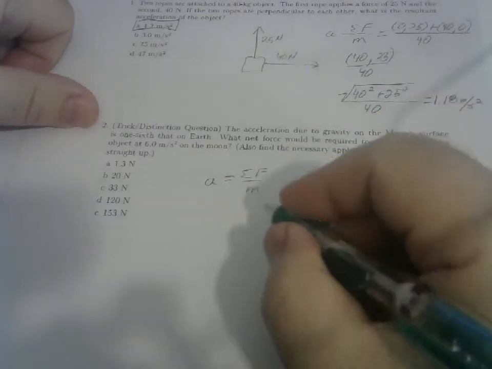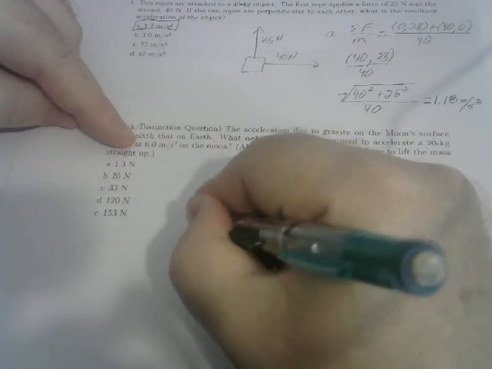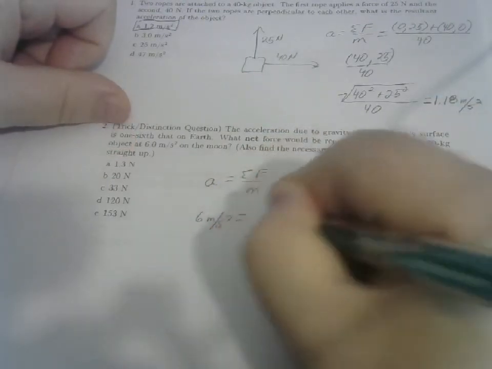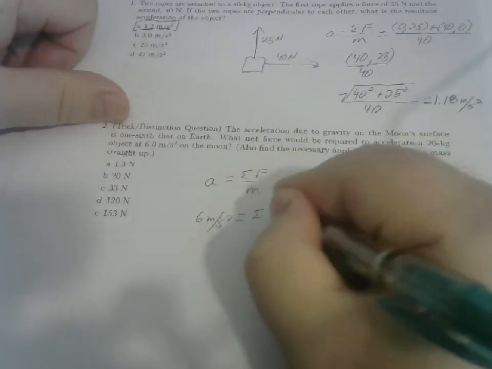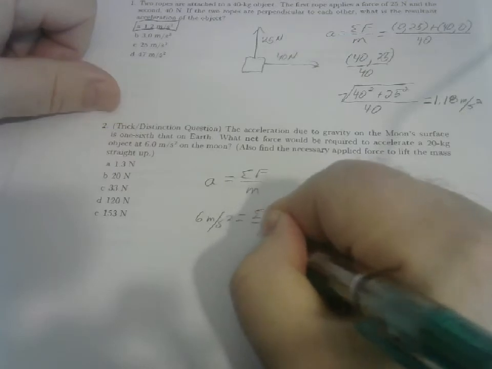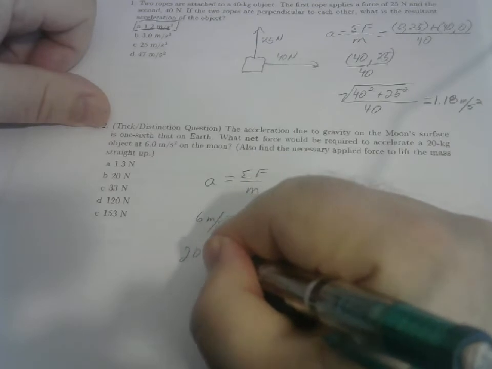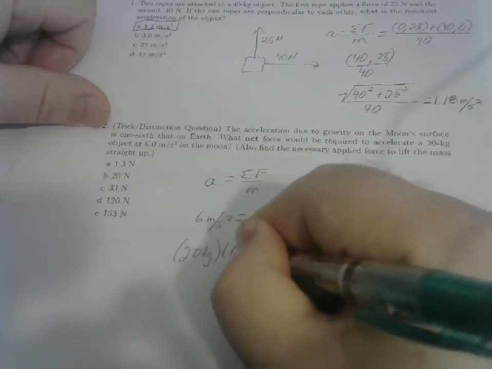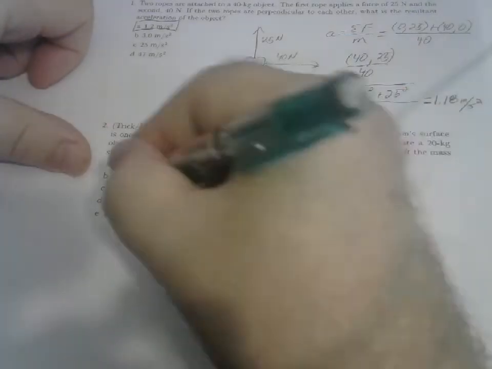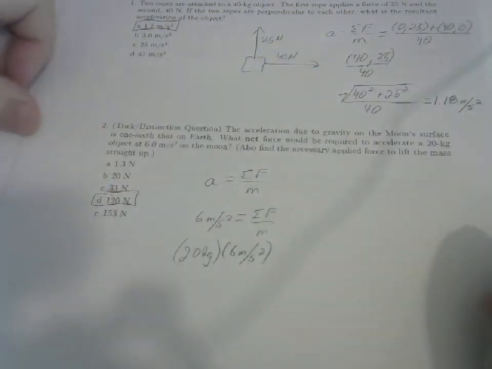What net force would be required to lift it at 6 meters per second squared? 6 meters per second squared equals the net force divided by the mass, and we got a 20 kilogram object, so it's just 20 kilograms times 6 meters per second squared, or 120. So the first part is 120 newtons.